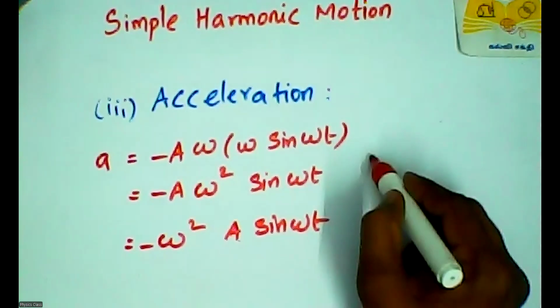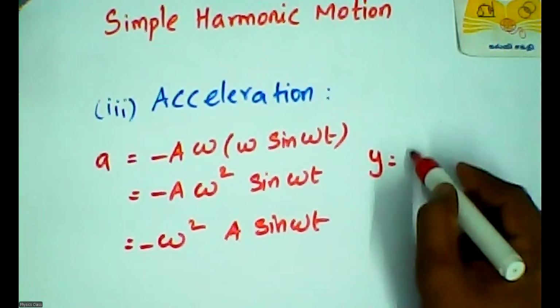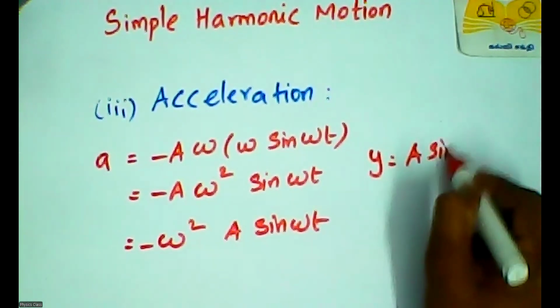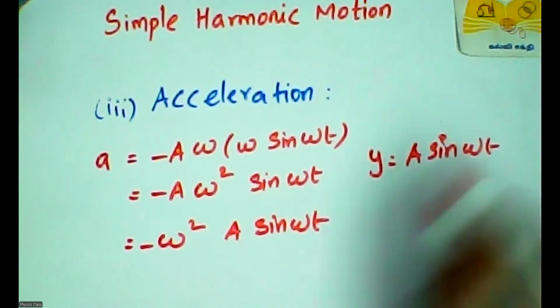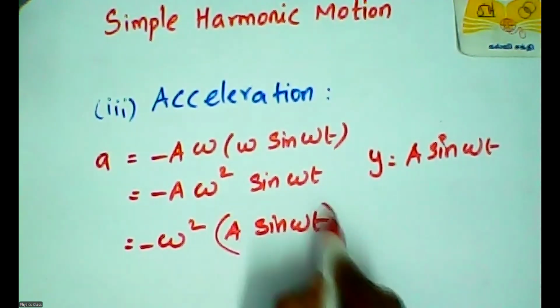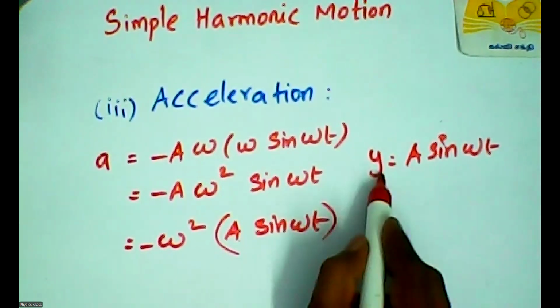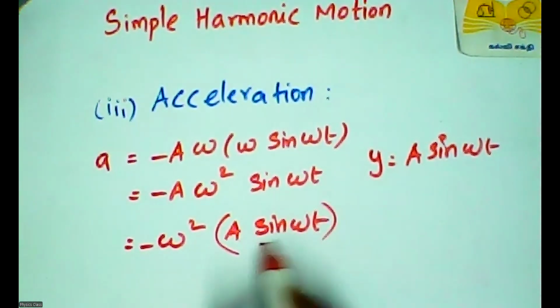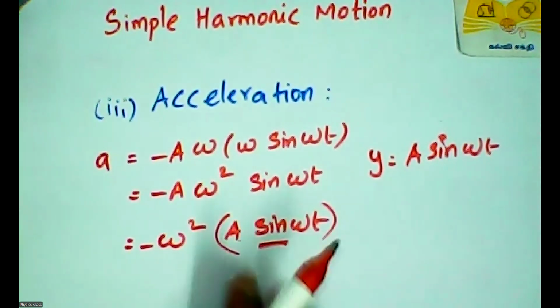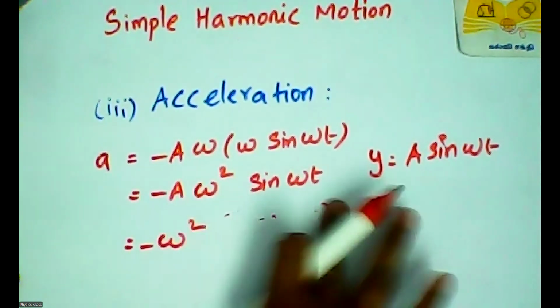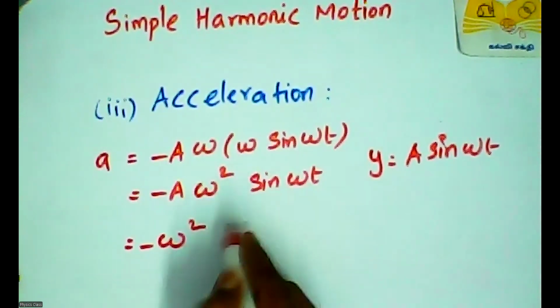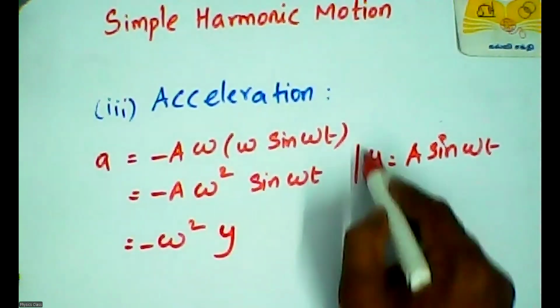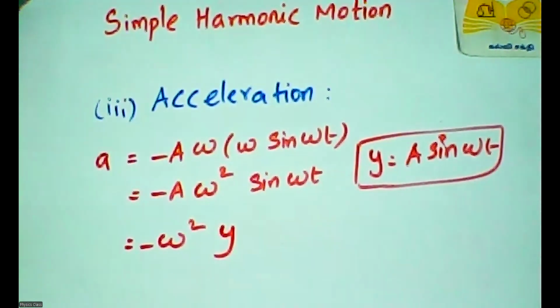Already we know the value of displacement: y is equal to a sine omega t. So we can replace a sine omega t by y, because that quantity is displacement.